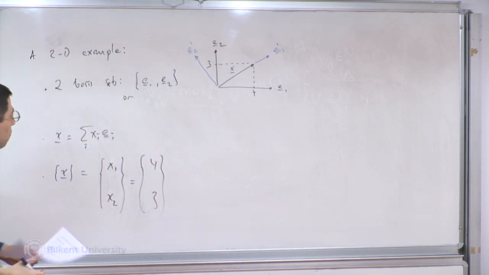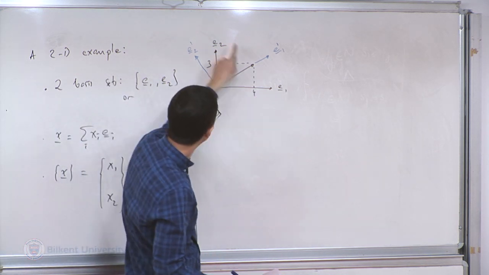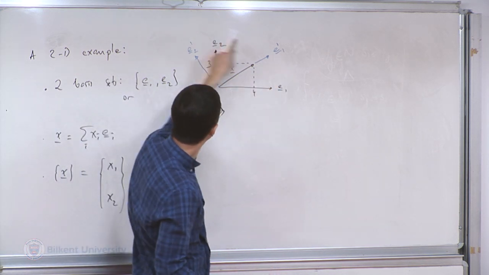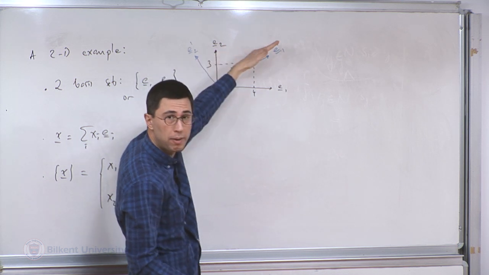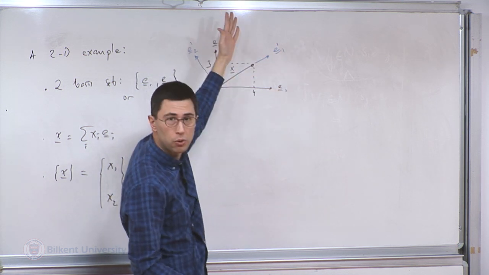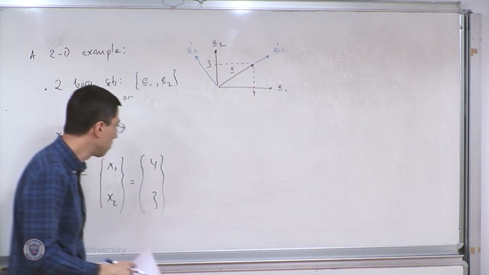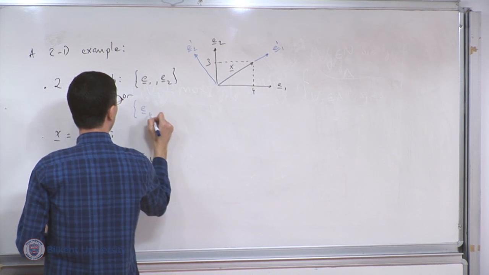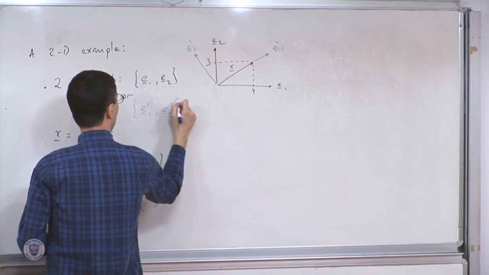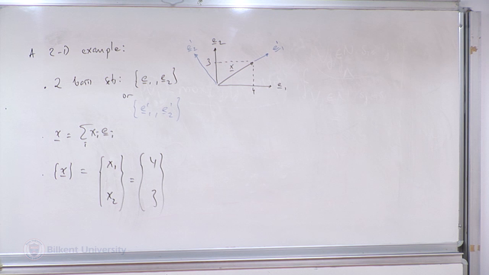So I could express the vector with respect to this basis set or with respect to this basis set. The vector does not change. I'm just changing my basis set. And there are infinitely many choices, right? But I'm just indicating my choices with these two. So I could choose this basis set or the new one, the primed one.